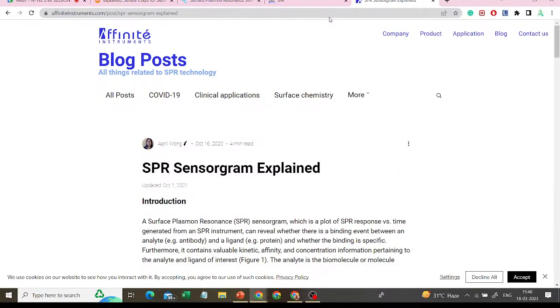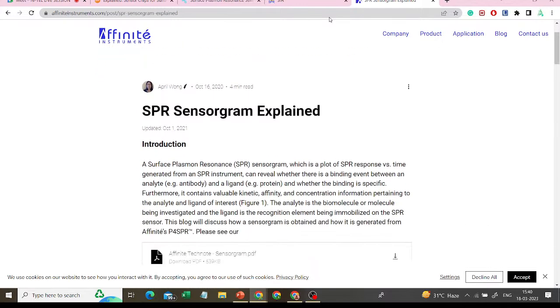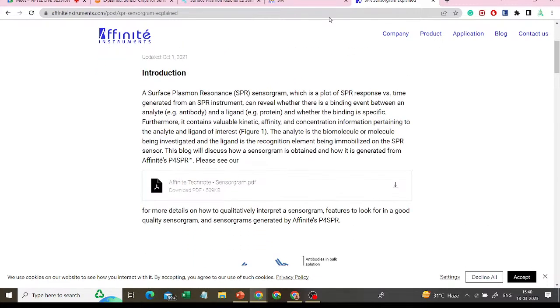So these are SPR sensorgrams: a surface plasmon resonance sensorgram is a plot of your SPR response versus time, generated from an SPR instrument. It will reveal that there is a binding event between an analyte and a ligand, where the analyte is, for example, the antibody and the ligand is the protein, and whether the binding is specific.